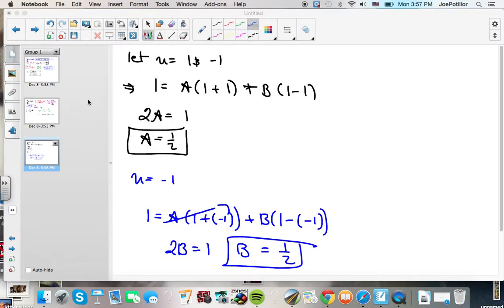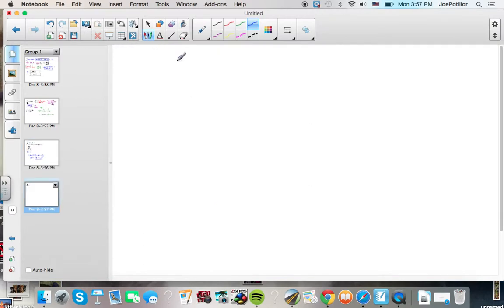So from there, after we've done the algebra to decompose it, we end up with something really simple.